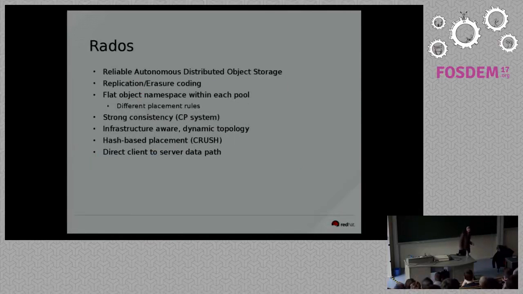So Rados is a reliable, autonomous, distributed object storage. So as you see, it's an object storage, which is interesting. When Ceph started, it was to build a very fast, scalable, distributed file system.